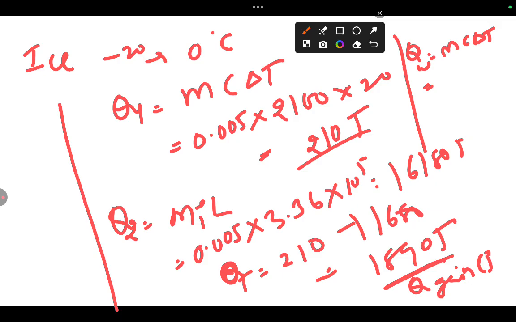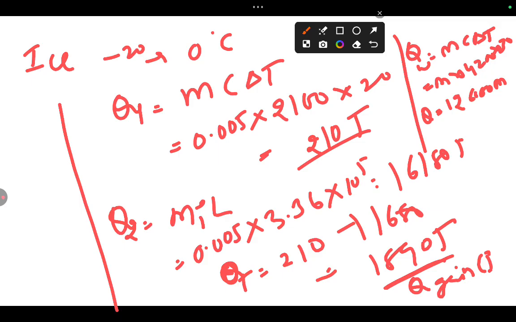I don't know, you have to find this. What is c? 4200. The change of temperature is 30. So after simplification, you will get Q equal to 126,000 times mass.